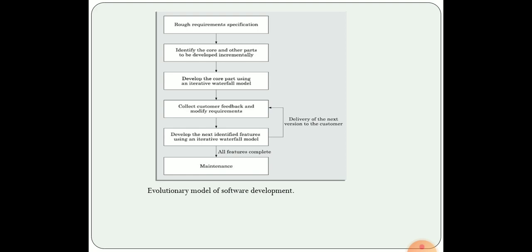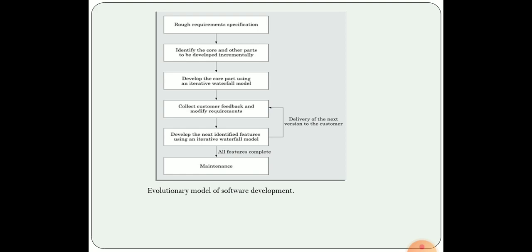Based upon the customer's feedback, modification or alteration of the requirements will be done. So we collect the customer feedback, modify the requirements based on it, and then, based on these modified requirements, develop the next identified features using an iterative waterfall model.